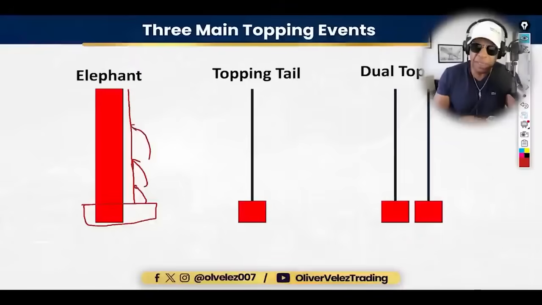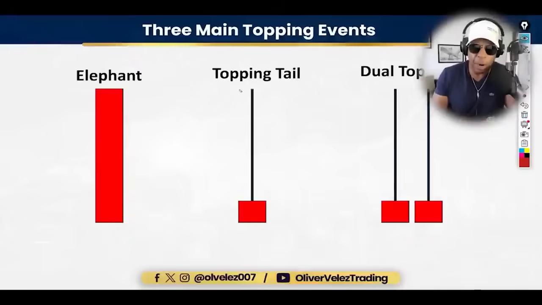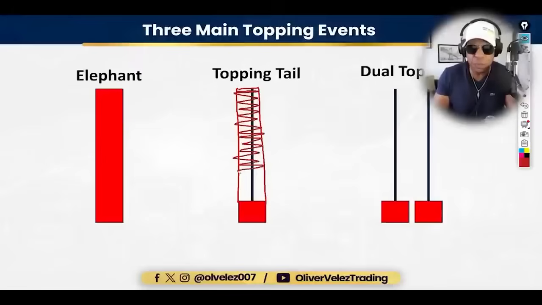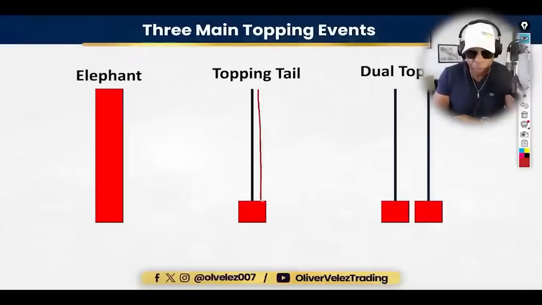You see, this topping tail bar was a red bar. It was a green bar at first. But what happens is that as it's going down from the high, that downward movement is really the color red. But the point I'm trying to make is that this is a downward movement.